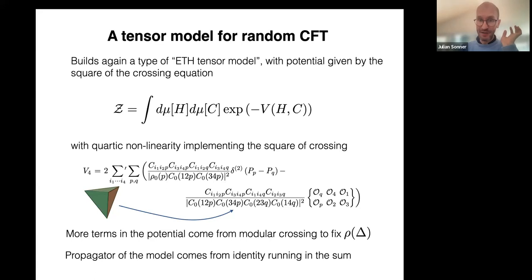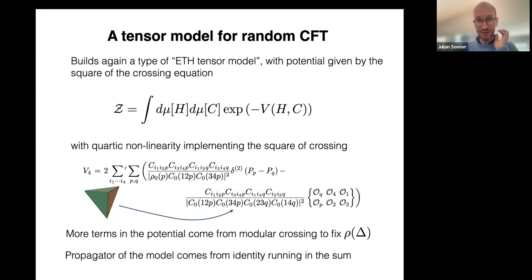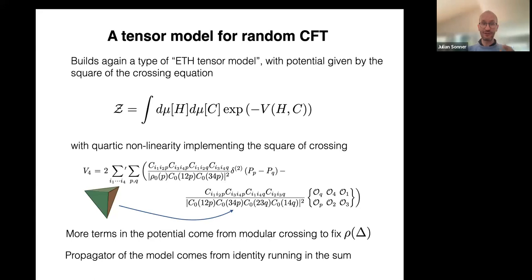And the potential that corresponds to imposing this on average is the following term. It's a quartic term in C's. It's basically just the square, summed over all external indices, of this equation, okay? And what it gives you is a term which is quartic in the C's because it's the square of a term that's quadratic in C's, okay?